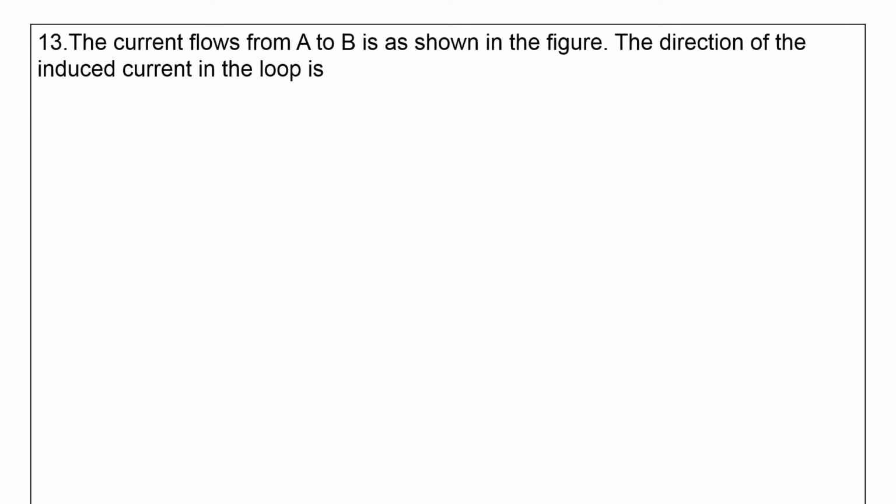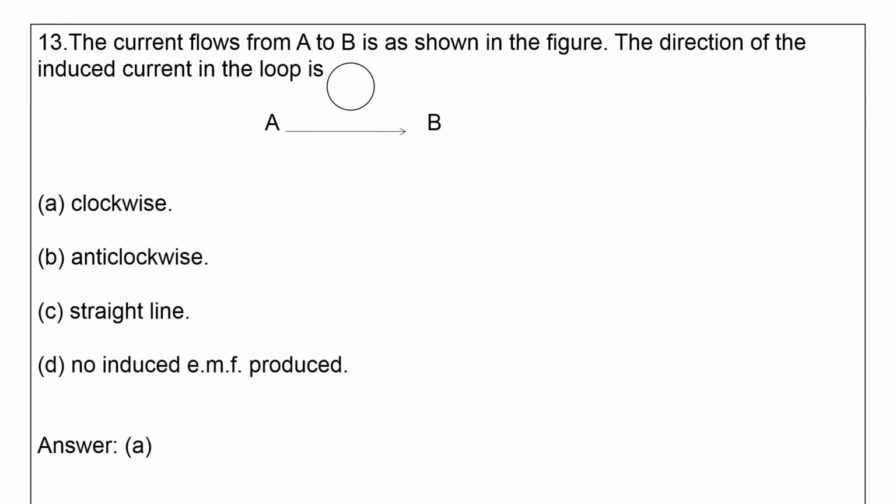13th question. The current flows from A to B as shown in the figure. The direction of the induced current in the loop is. Options are A, clockwise, B, anti-clockwise, C, straight line, D, no induced EMF produced.